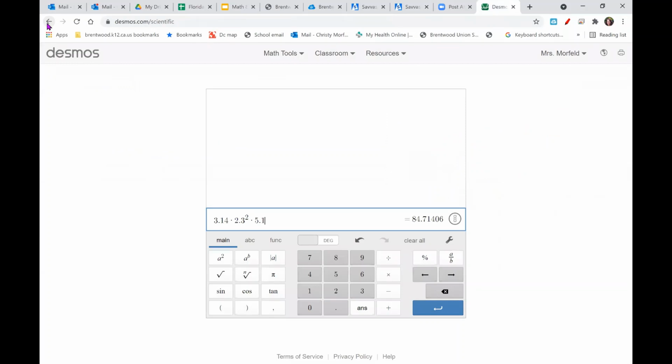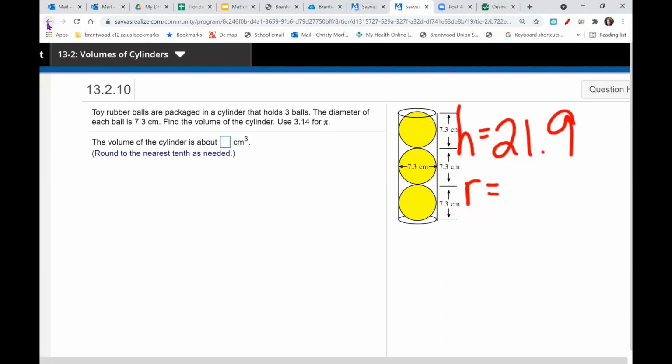For me, mine is 7.3, so I need to do 7.3 divided by 2. So my radius is 3.65. The numbers I'm going to plug into the problem are nothing like what you see on the screen. I had to change them all. So figure out the height by adding it all together. Figure out your radius by dividing by 2.